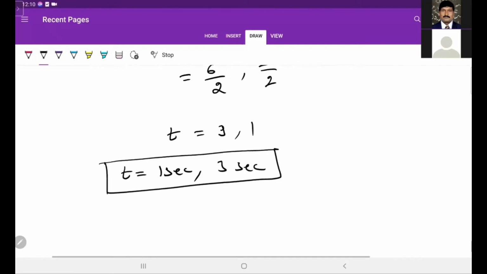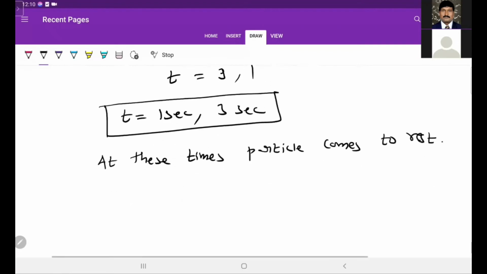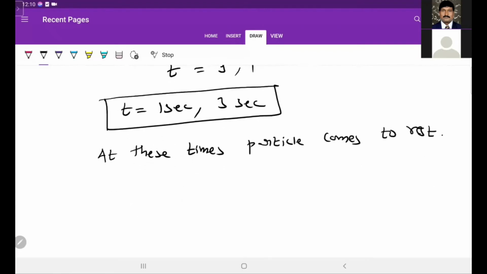At these times, particle comes to rest instantaneously. At a moment, it comes to rest. At this particular instant of time, at these times, particle comes to rest. See, only 2 times we are getting.